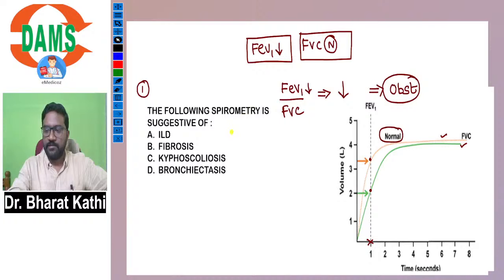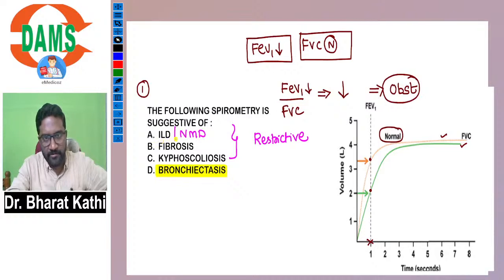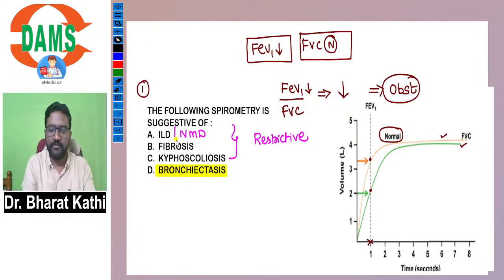So what are the diseases responsible for obstructive phenomena here? We have bronchiectasis, whereas all these three are restrictive phenomena. Even neuromuscular disorder is restrictive. Chest wall disorder is also restrictive.